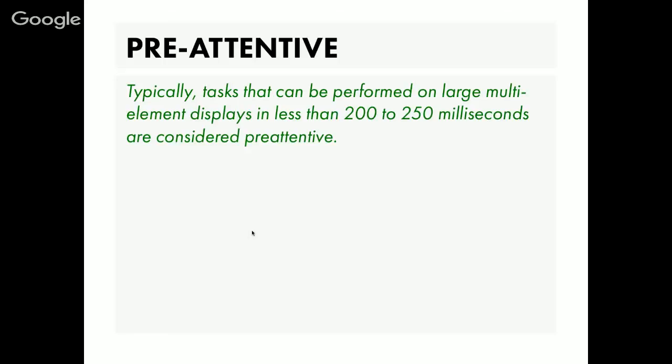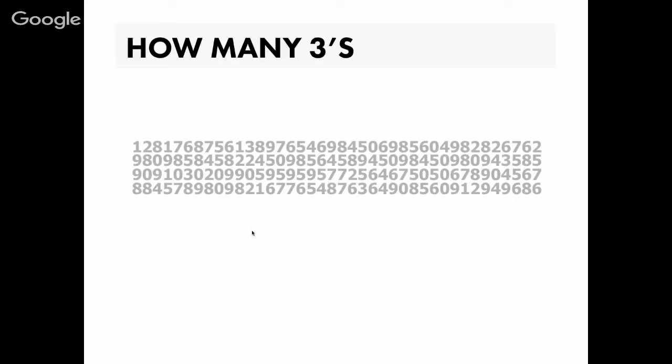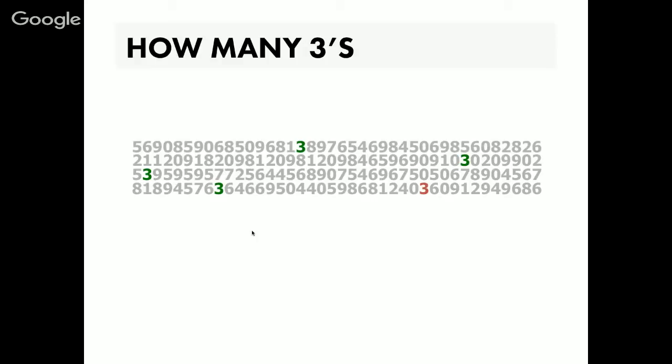So here is an example. How many 3s are in here? Oh, is it not working? All right. Pretty hard. Let me give you a different one. How many 3s are in this one?